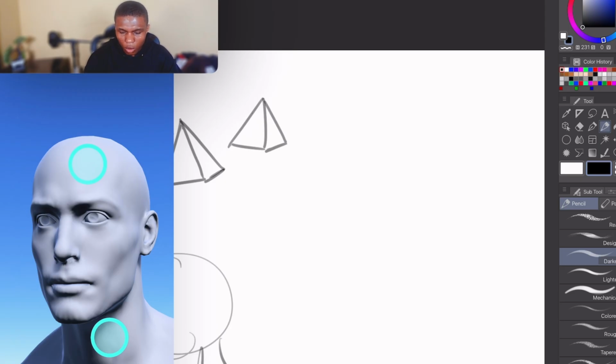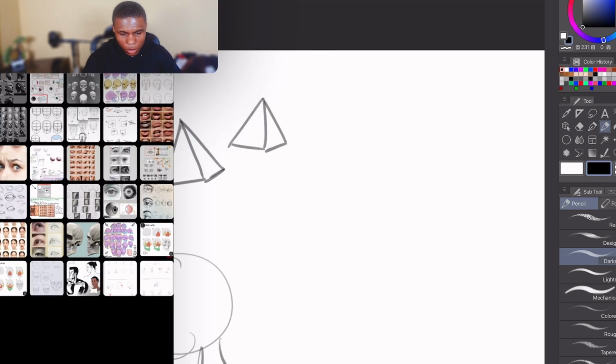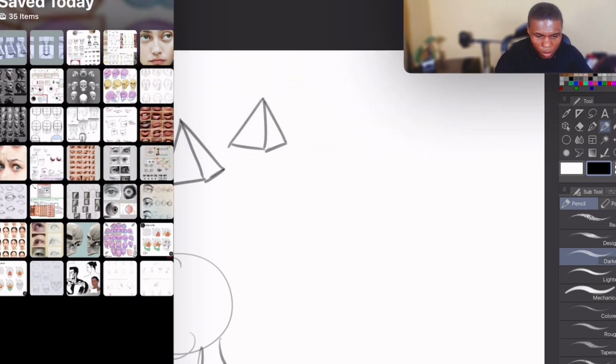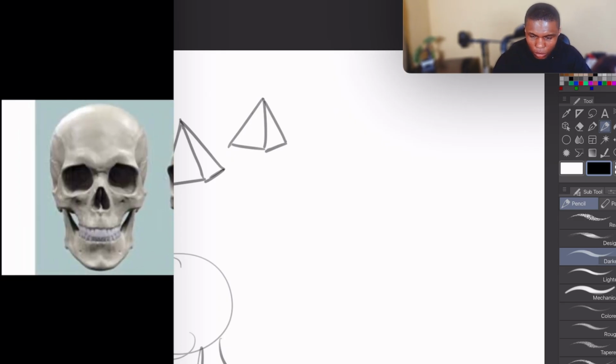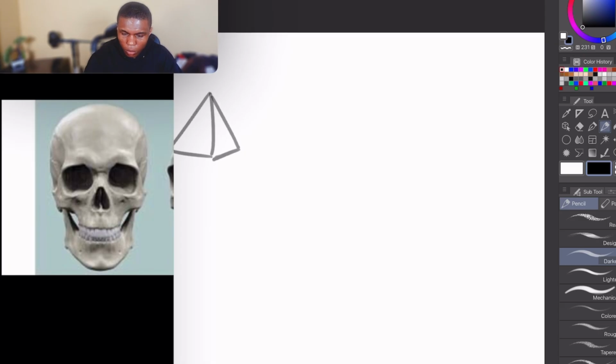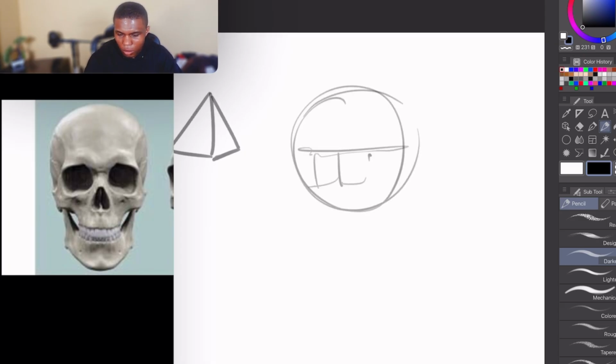So when you look at a skull, we're going to focus on the nose.